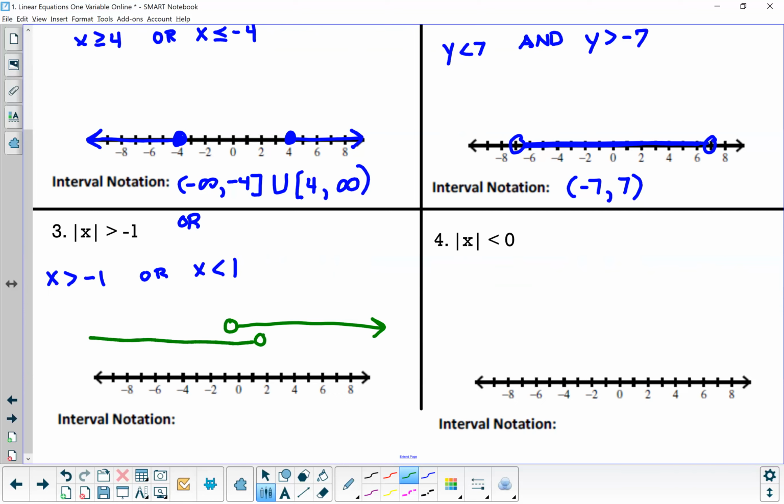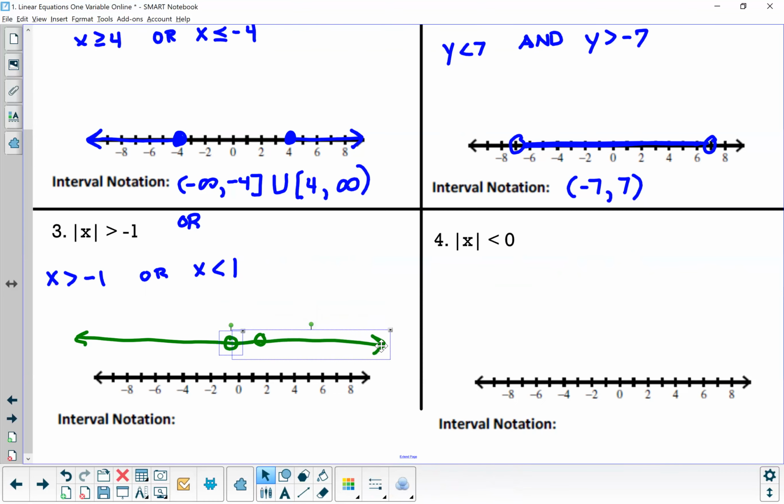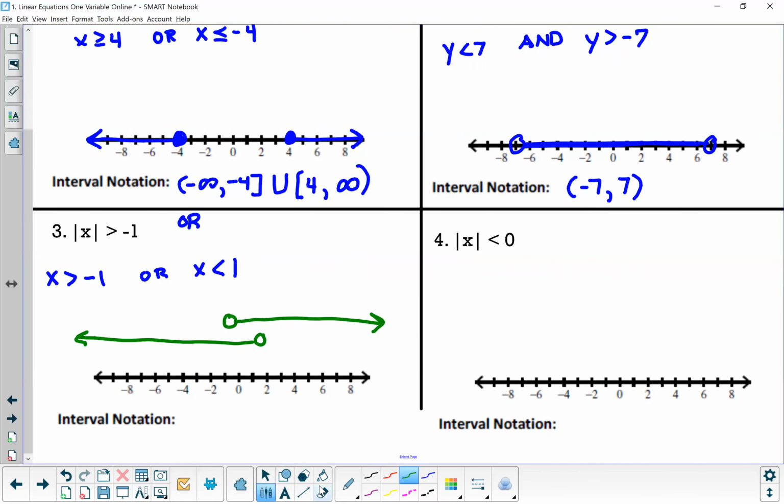Now remember, when you have an or compound inequality, that's a union. That means you're combining both graphs to get a total graph. And in this case, when you put these two graphs together, they make up the entire number line. They make up every real number. So we would graph the whole number line, everything.